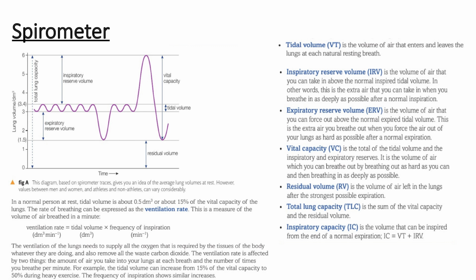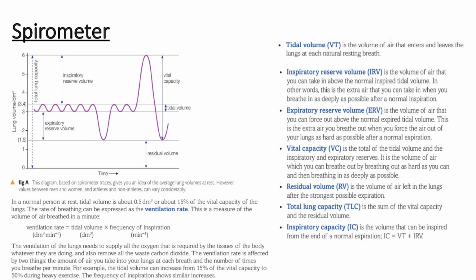What is the tidal volume? As I have mentioned in one of the previous slides, tidal volume is the volume of air that enters and leaves the lungs at each natural resting breath. Right now, as I'm sitting here and making this video, the volume of air that I'm breathing in, so the ventilation rate, is really natural.